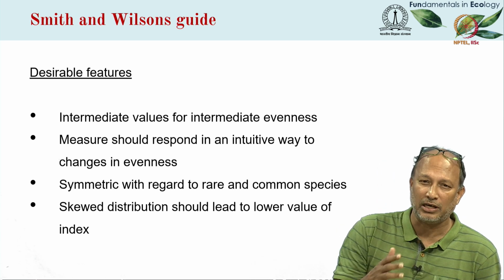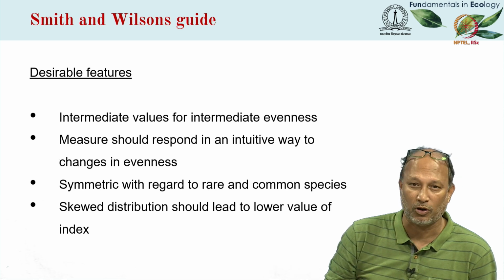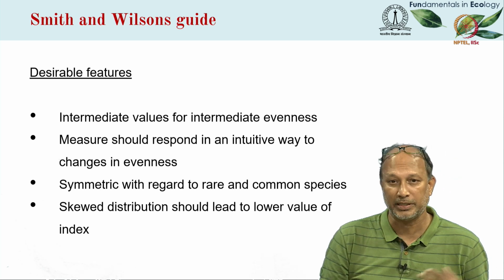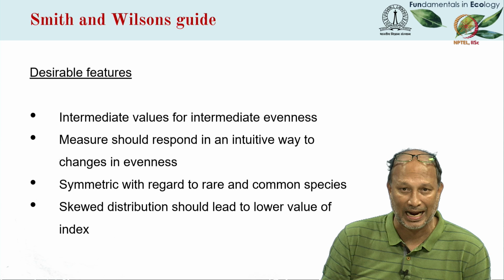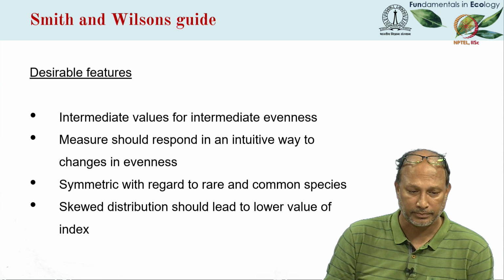So they put these down as a set of features that were desirable for an index to be a good representation of both richness and evenness in a community.